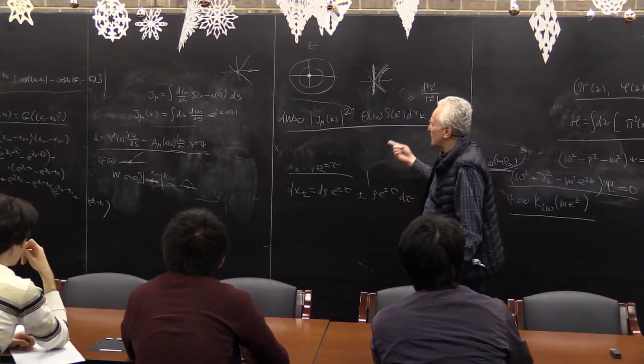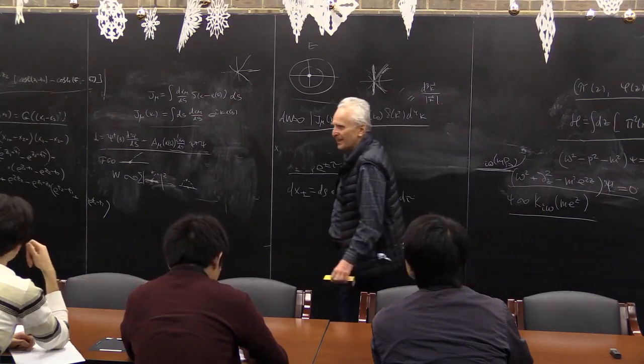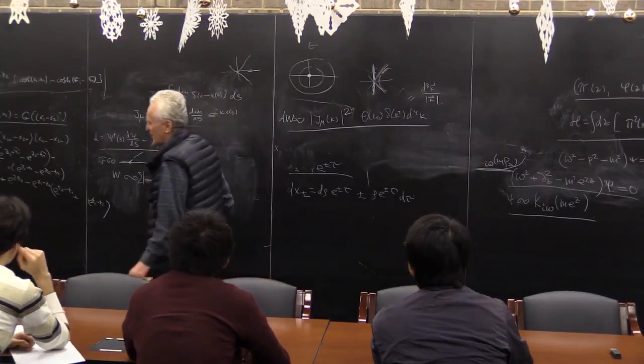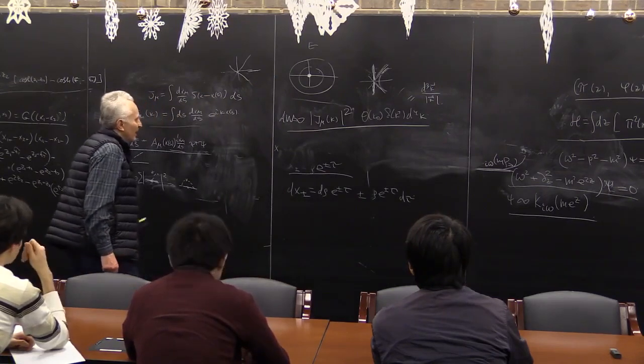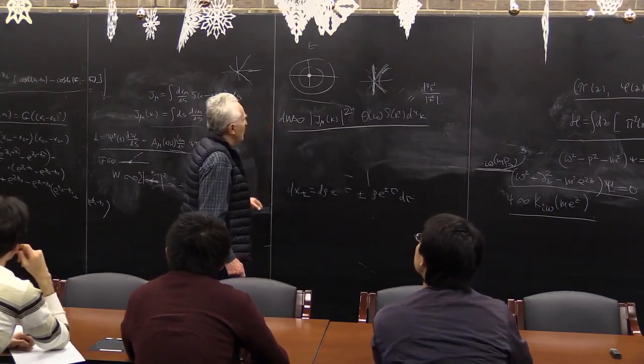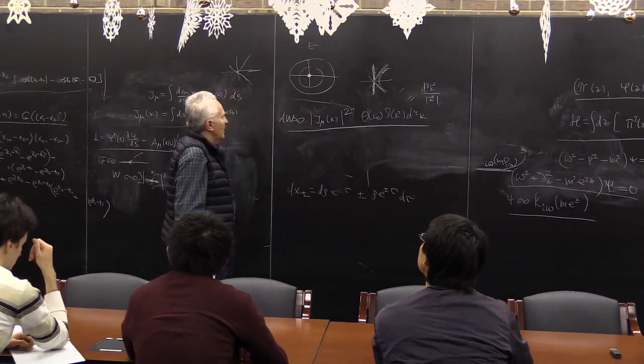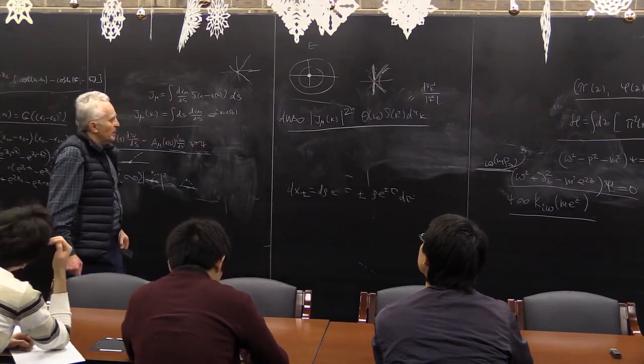Why am I talking about this? What does it all have to do with the Wilson loop? Rewrite this as a Wilson loop, or even more than that, how would you rewrite it as a Wilson loop?